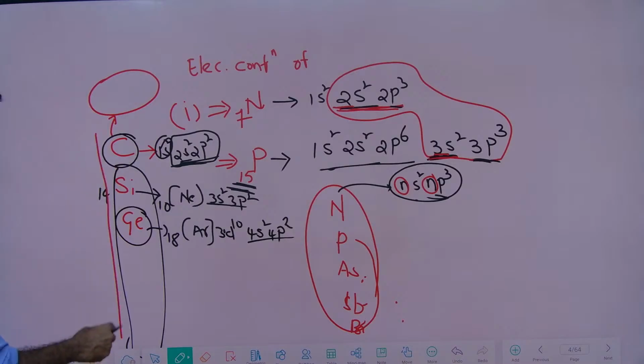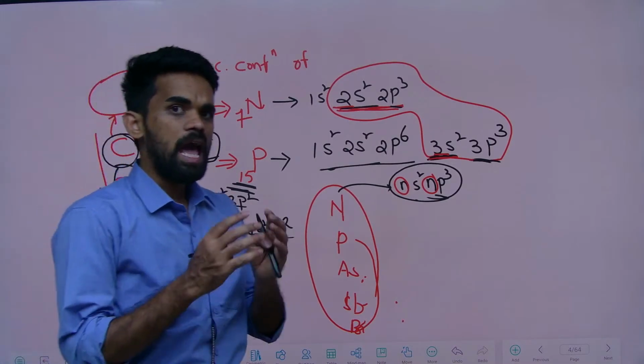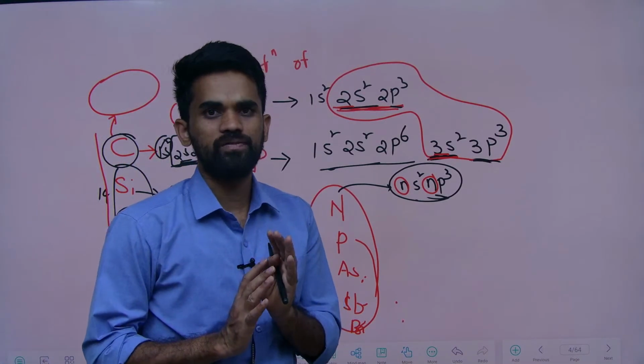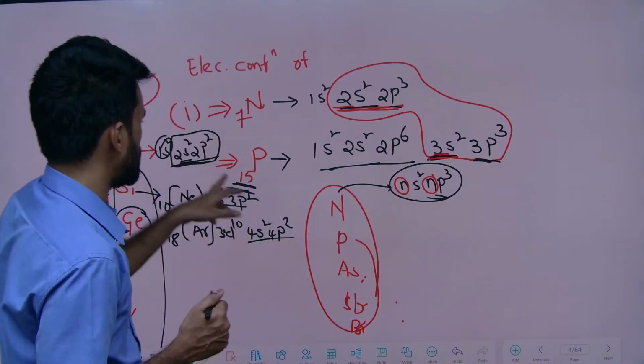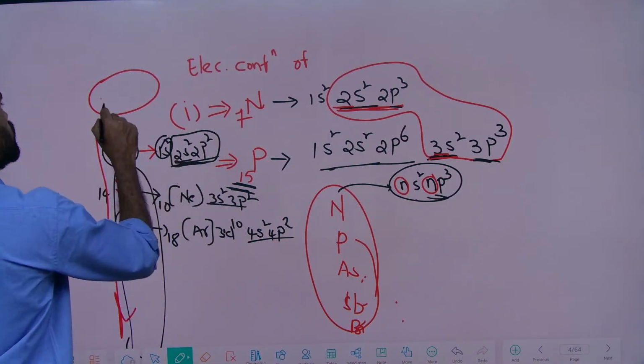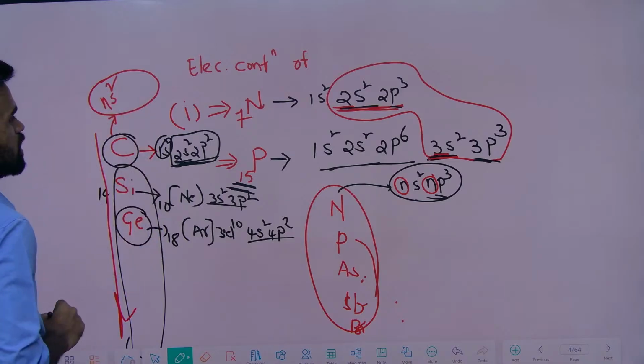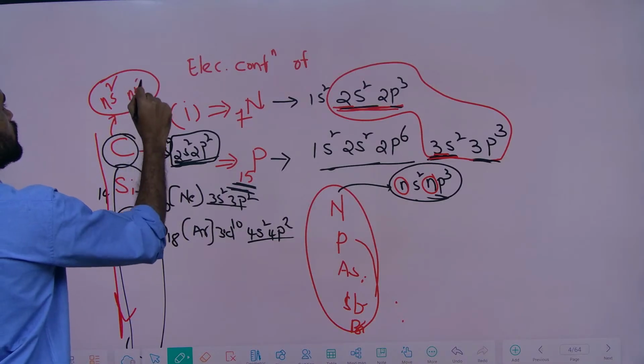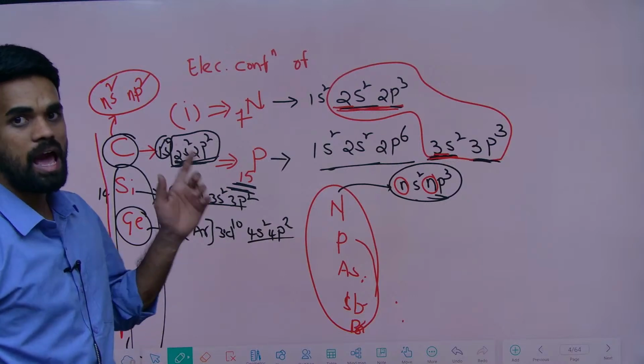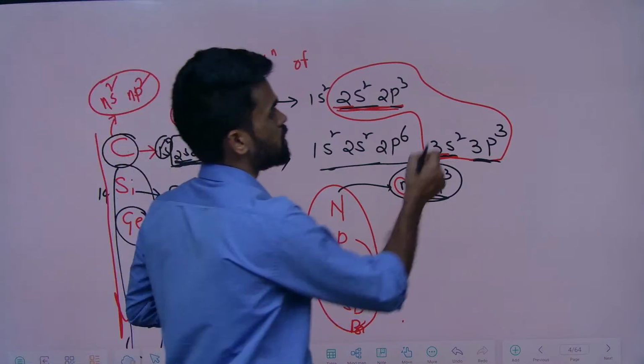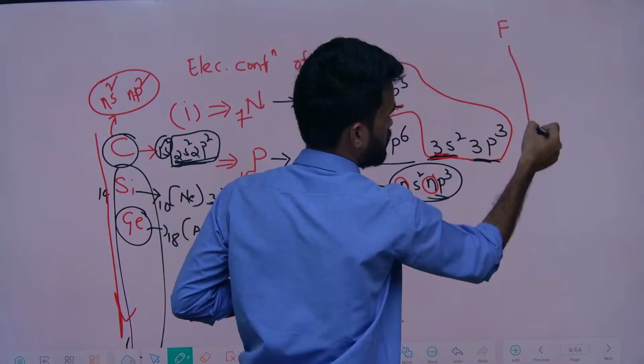So you take any group, the elements have almost a similar electronic configuration as the first element, just change this number. So what is the general electronic configuration for the carbon family? ns2 np2. Okay, similarly for halogens, even if you know fluorine, you can write the remaining elements also.